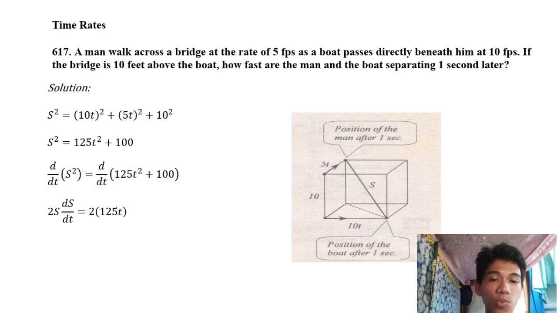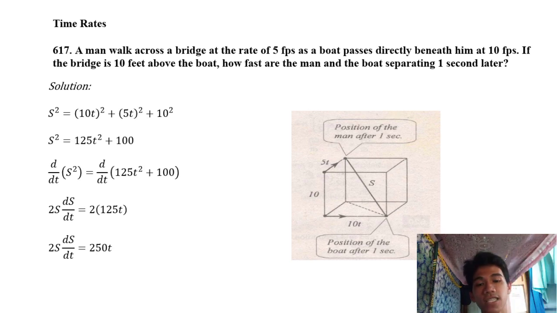Then ang 125t squared is gamitan nato ng power rule. So we have 2 times 125t. Then multiply na nato ang 2 and 125. So we have 250t. Then after, nakuha na nato ang 2s ds over dt equals to 250t.